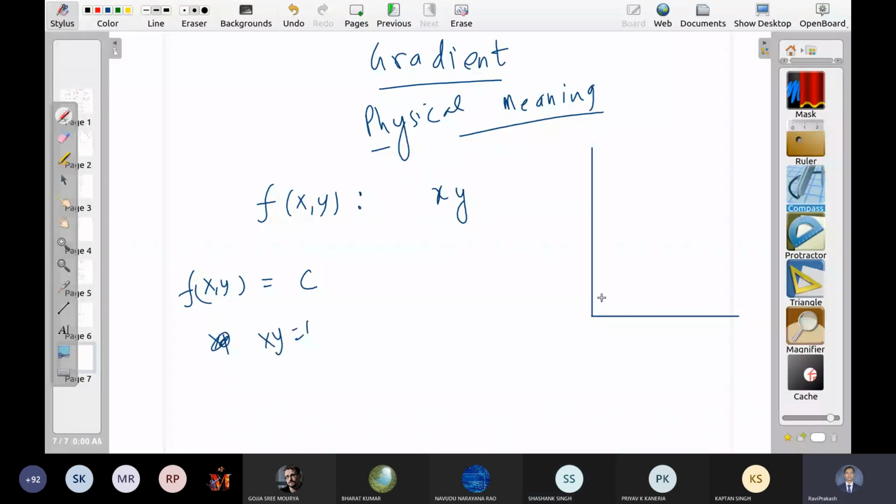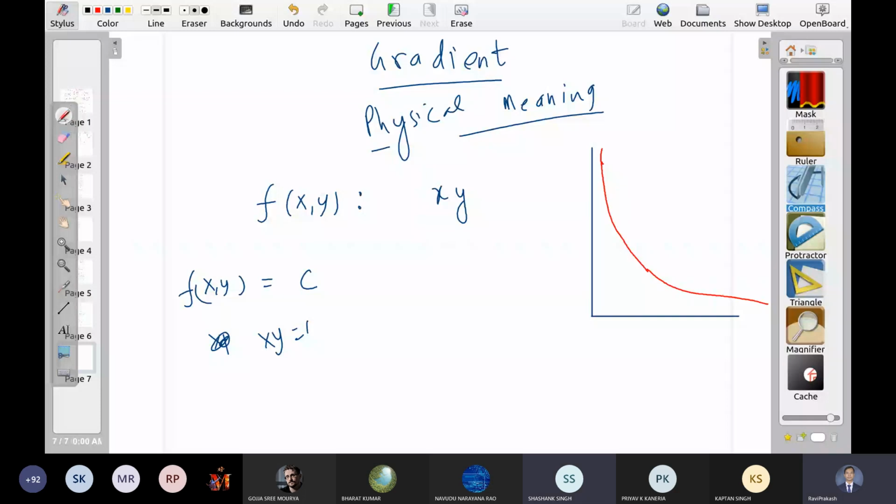It is something like this. And you can also verify it quite easily. If you increase x, y will decrease. If you decrease x, y will increase. So as x is increasing, y is decreasing. At all the points, x into y is 1 all the time.